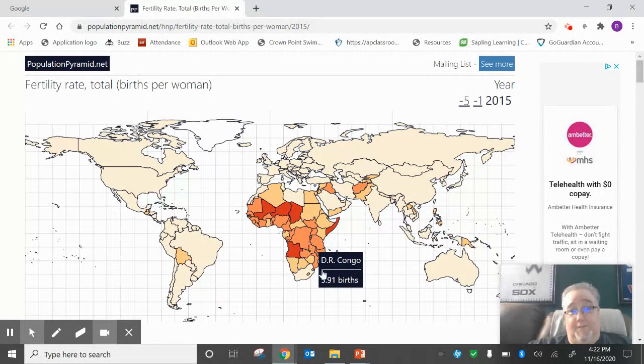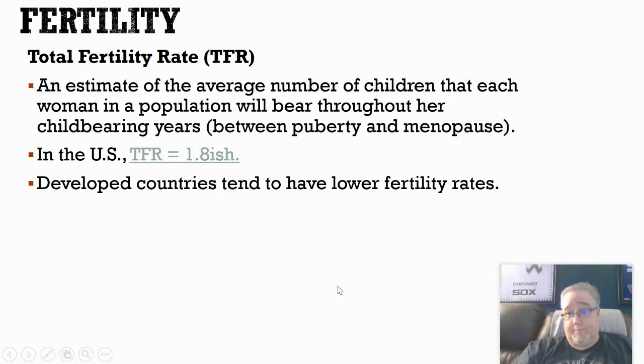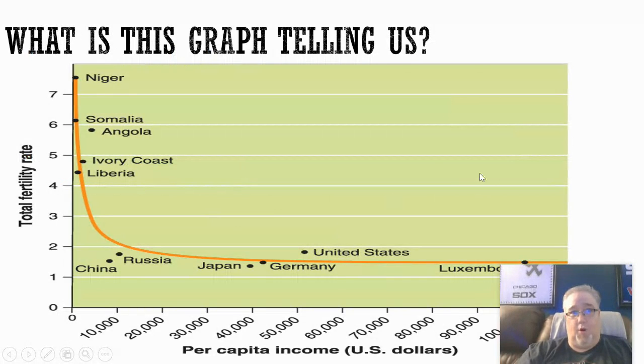And you'll notice that their fertility rates are much higher than the developed world. So I want you to remember this. Yes, the U.S. has a TFR of about 1.8, but developed countries like the U.S. tend to have lower fertility rates compared to developing countries around the world.